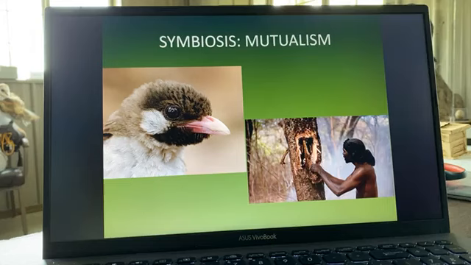Then they break open the hive, and they share the wax and leftover honey with the honey guides. It's kind of an interesting thing. They suspect that this goes all the way back to the Stone Age, with this cooperative thing. And again, it's a mutualism thing, but it wasn't what we thought it was.